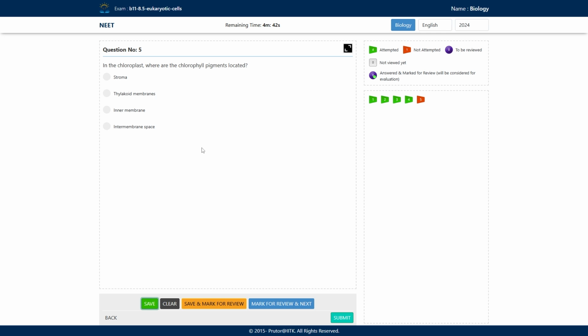Next one, in the chloroplast, where are the chlorophyll pigments located? What are the options? Stroma, thylakoid membrane, inner membrane, and the last is intermembrane space. What would be the correct answer here?